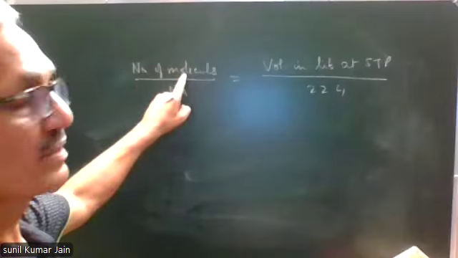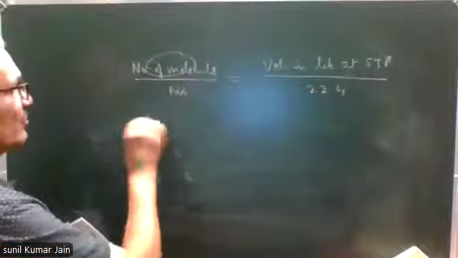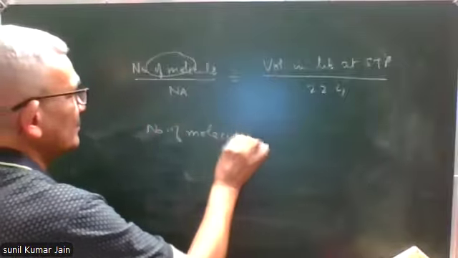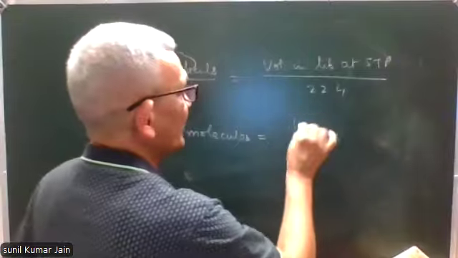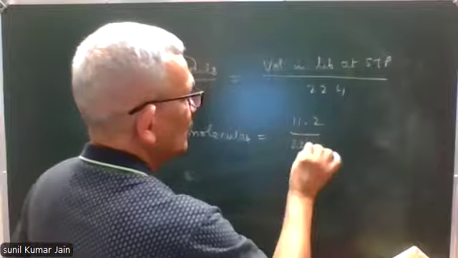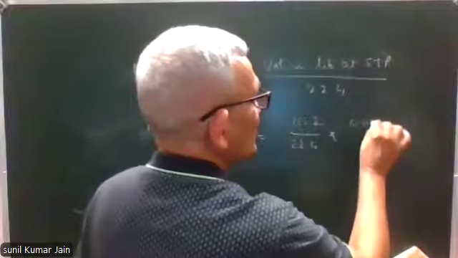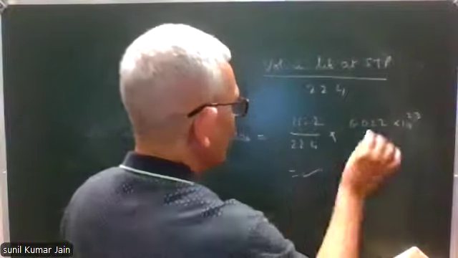We have to find the number of molecules. So the second relation for number of moles is this. So number of molecules we have to find out is equal to volume in liters, 11.2, divided by 22.4, multiplied by value of Avogadro's number 6.022 into 10^23. This will be the answer.